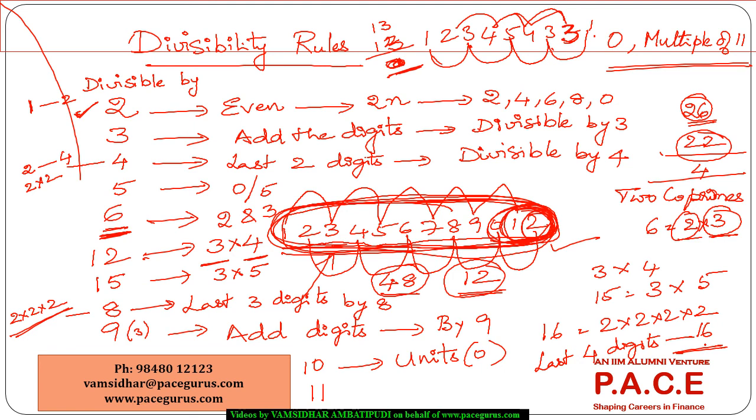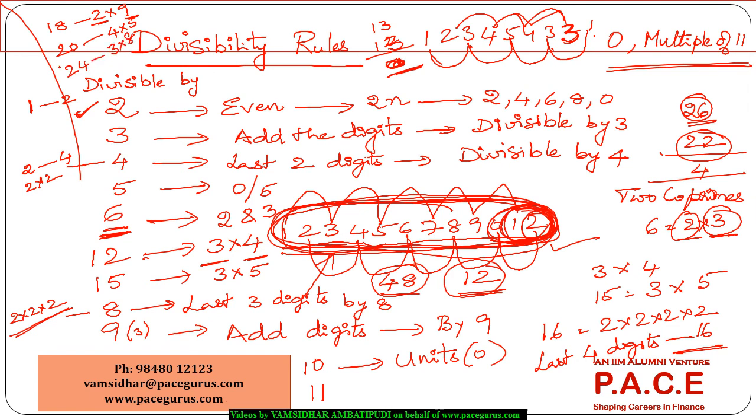And similarly, if I am looking at 18, I can take 2 into 9. So a number divisible by 2 as well as 9 is divisible by 18. If I am talking about 20, I can talk about 4 and 5 because they are co-primes. Similarly, 24, I can express as 3 and 8.